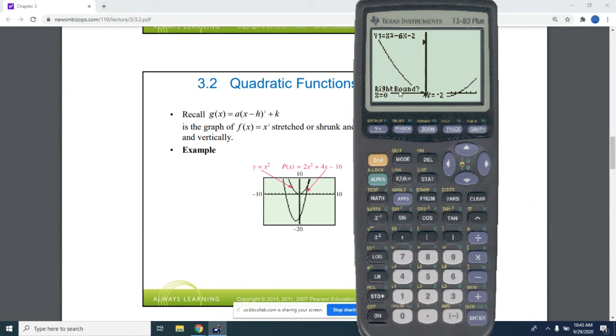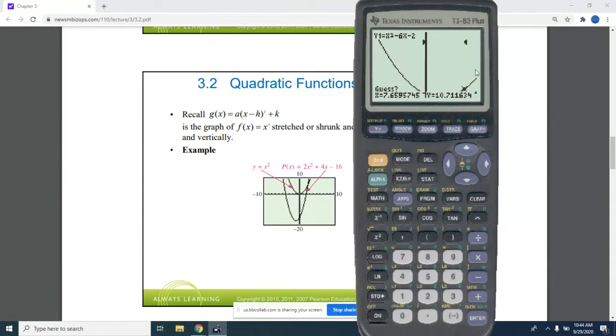Once we hit enter, notice it asks for a right bound. So I'm simply going to move my cursor to the right of the vertex. Now, your coordinates don't have to be exactly the same as my coordinates, but as long as you're physically to the right, you can press enter.